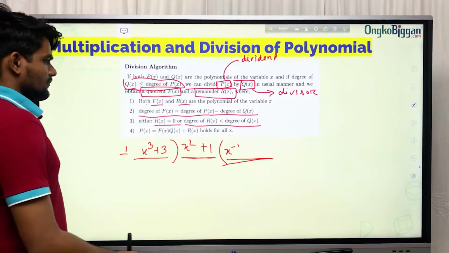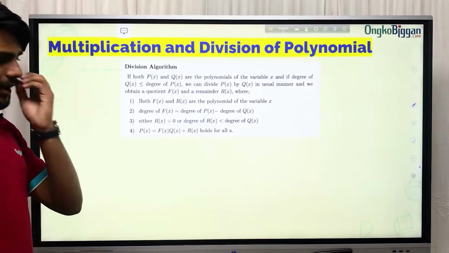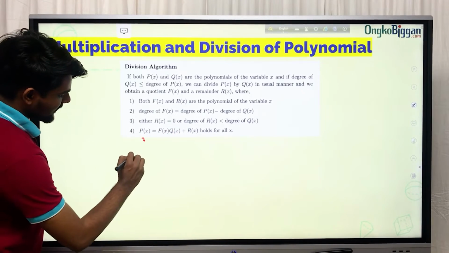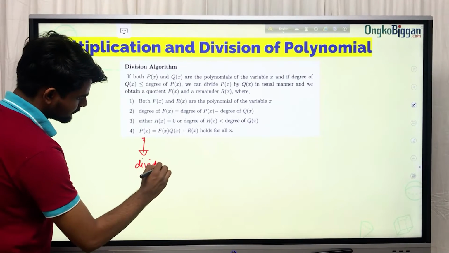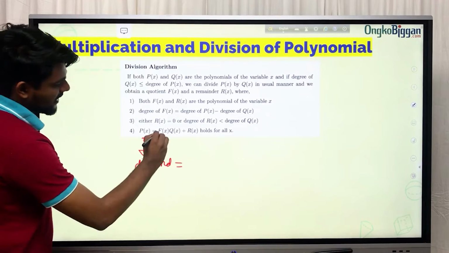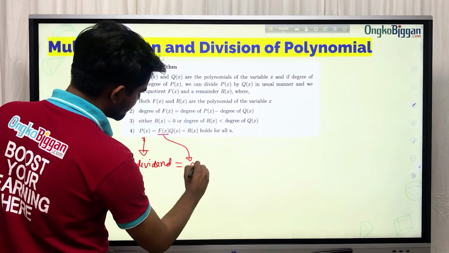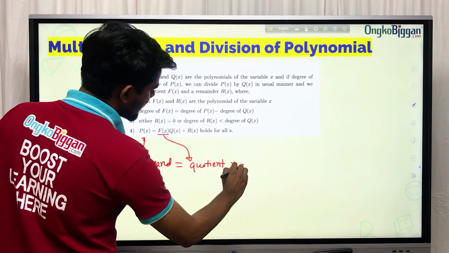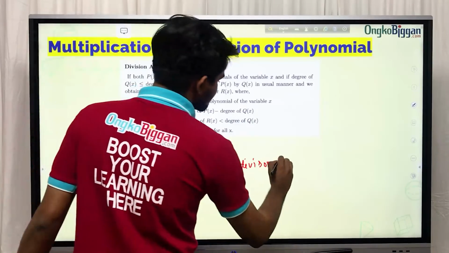And the basic formula looks like this: p(x), that is the dividend, is equal to f(x), which is the quotient, into the divisor, plus the remainder.